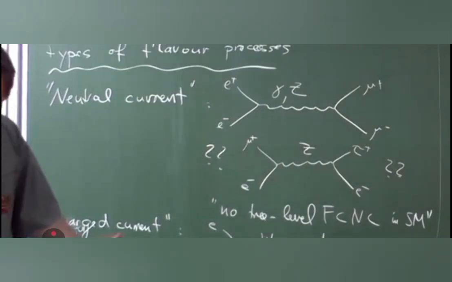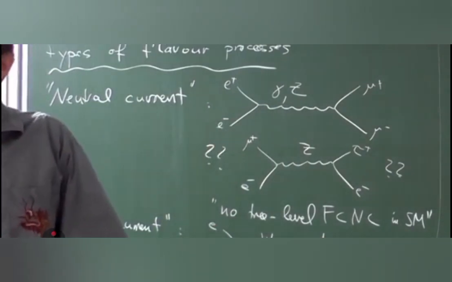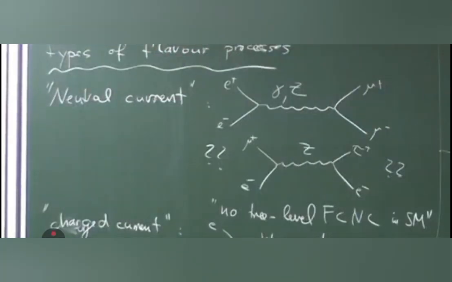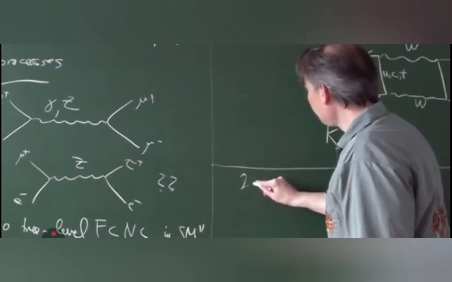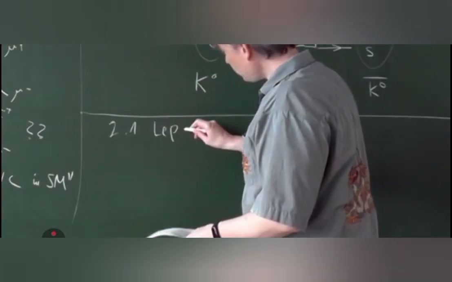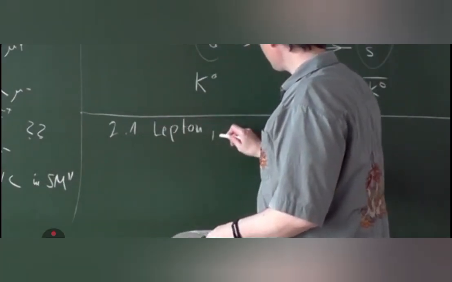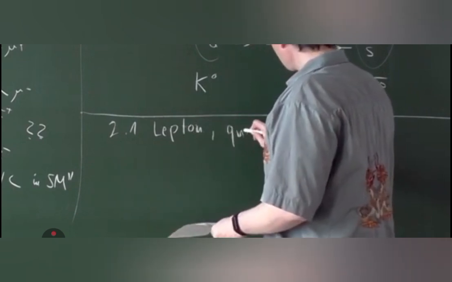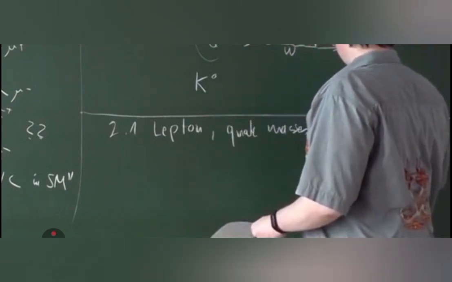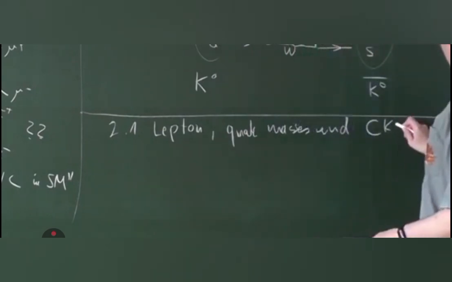In general, let us now discuss the theory of the 3 generations. So, section 2.1, the masses, lepton, quark masses, and the so-called CKM matrix.